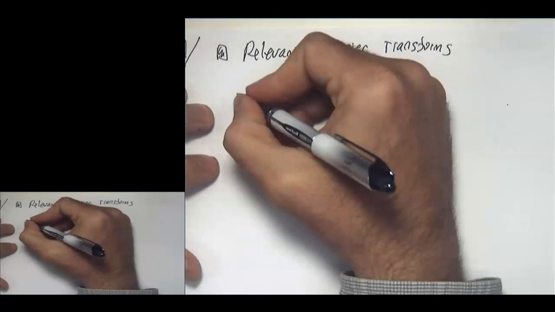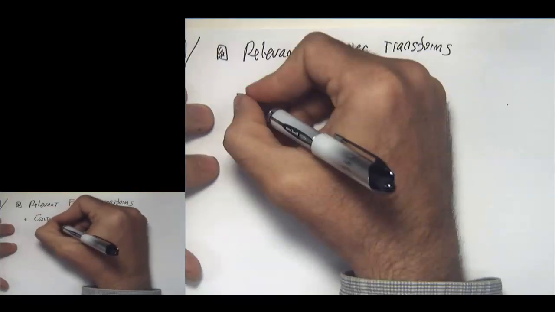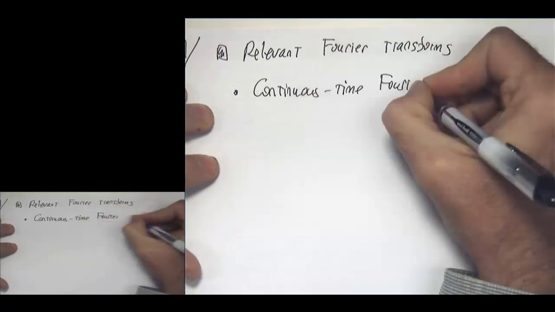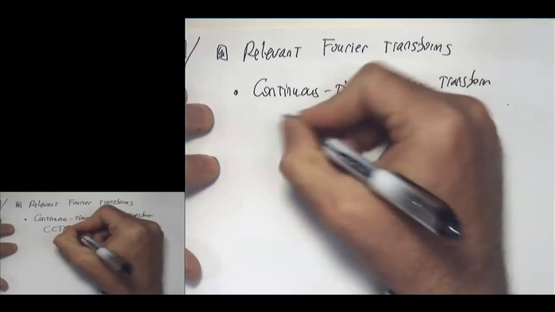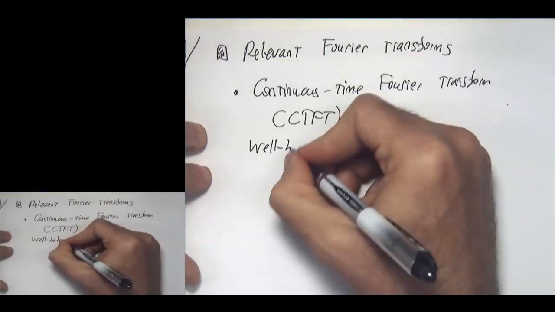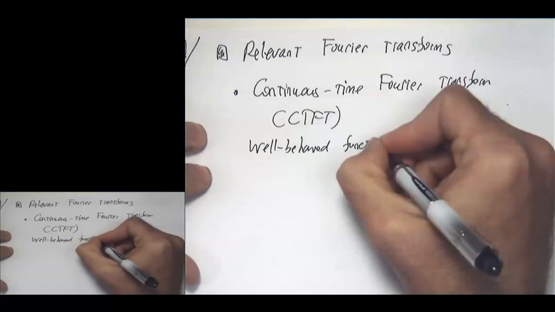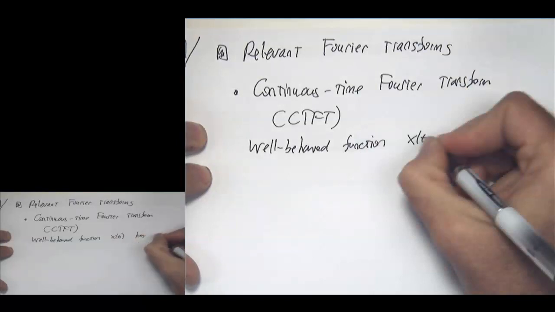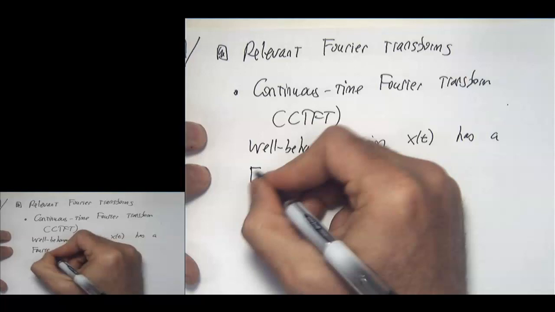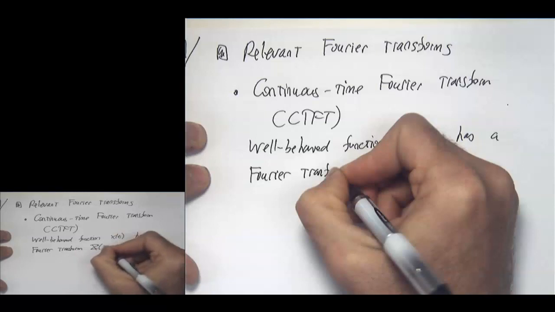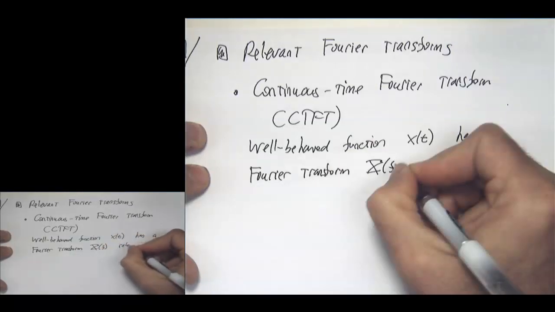So the continuous time Fourier transform, this is the one we'll use a bit. This we're going to abbreviate as CT-FT. And then essentially this says that a well-behaved function x of t has a Fourier transform x of f, and they're related as follows here.